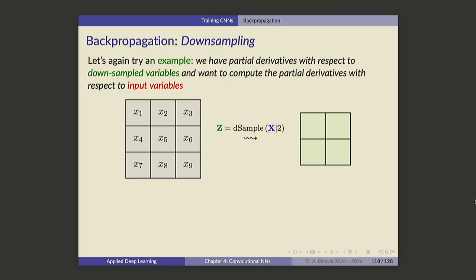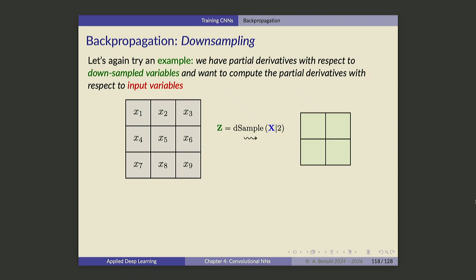So convolution with stride 2 is equivalent to doing a convolution with stride 1, and then you downsample with factor 2, right? Now the question is, if I have already done the convolution with a stride more than 1, and I'm going backward, how can I go backward on this downsampling operation? How can I do it?